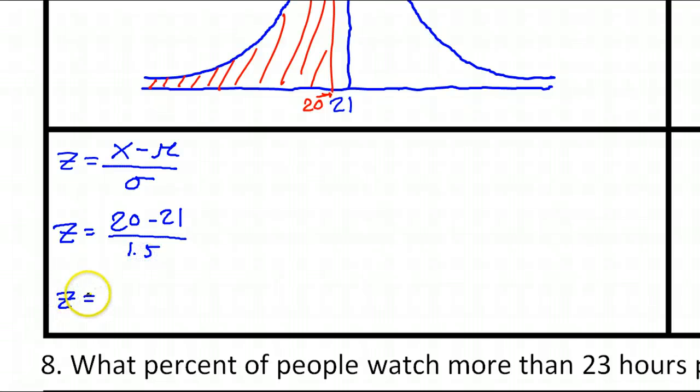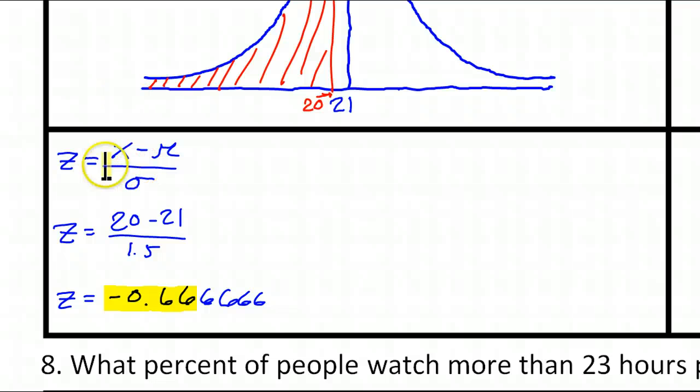So that means our z-score is going to be negative 0. And now if I'm looking at the calculator, it's like 0.6666666.